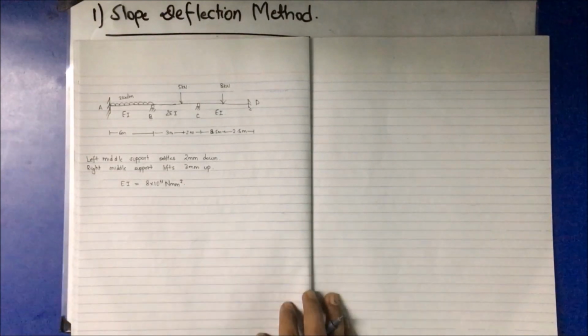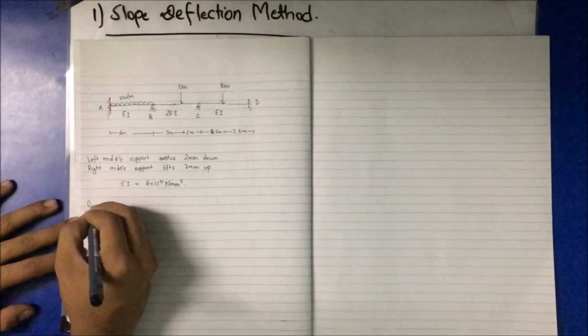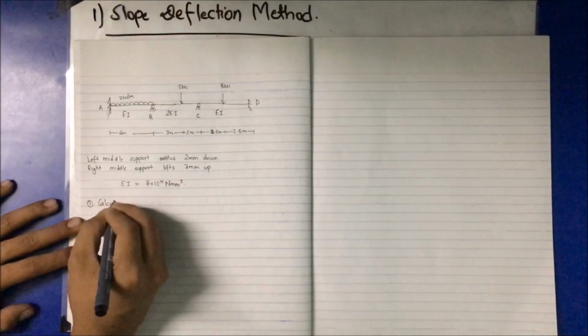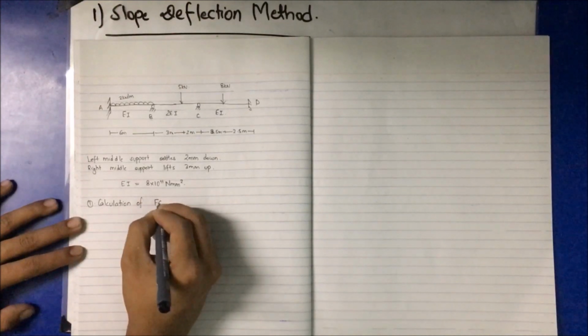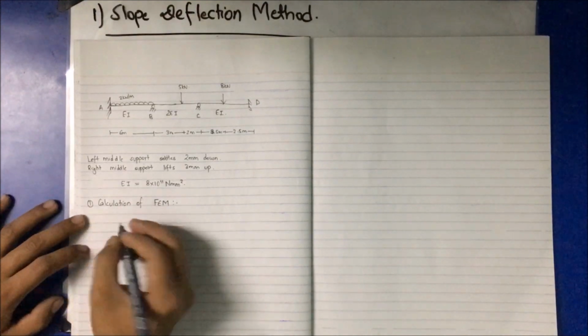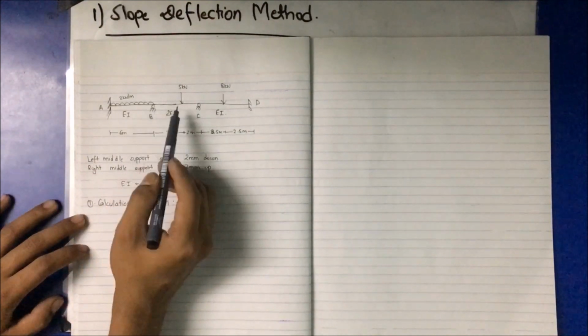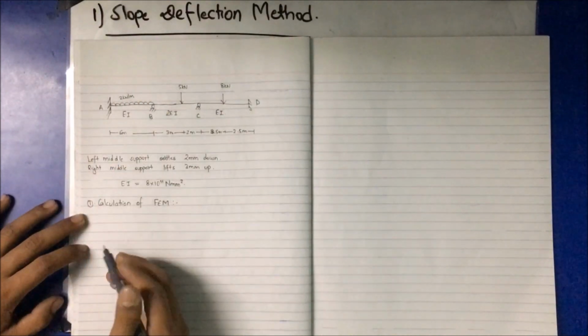So using slope deflection method, we have to go through 3 basic steps. The very first step is to calculate fixed end moment. The members are AB, BC, CD, and accordingly BA, CB, and DC.